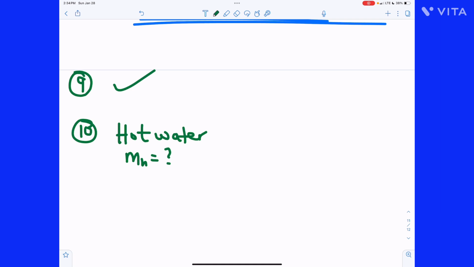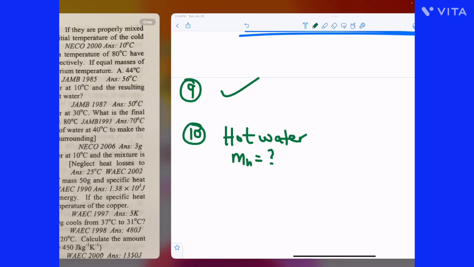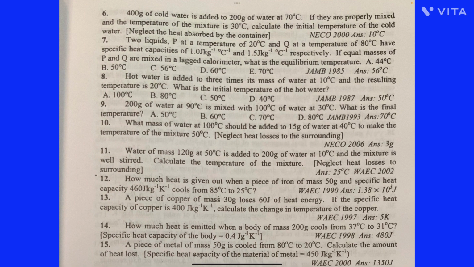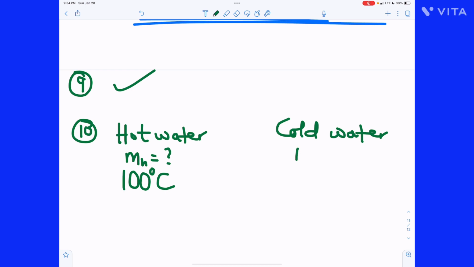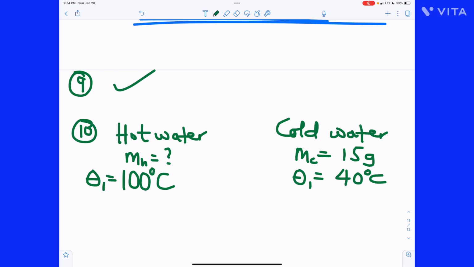At what temperature should the hot water be? 100 degrees Celsius. So initial temperature of hot water, 100 degrees Celsius, should be added to 15 grams of cold water. Mass of cold water, 15 grams, initially at 40 degrees Celsius. This one was initially at 100 degrees Celsius.